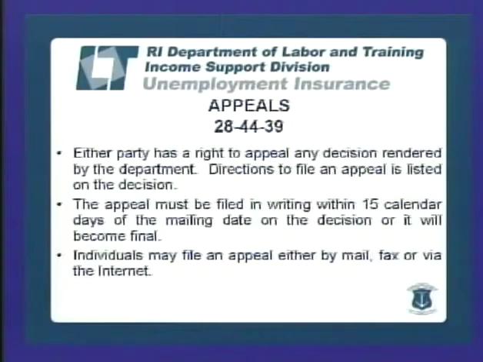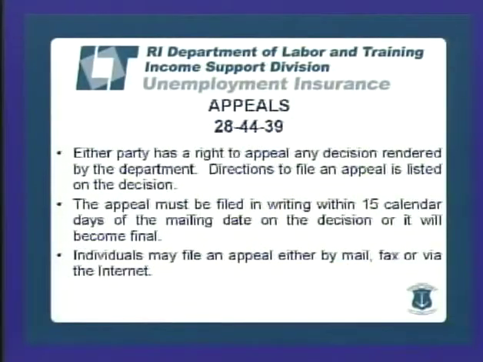After the determination has been issued on the disputed claim, a decision will be made and mailed to the employer and to the claimant. Either party has the right to appeal any decision that is rendered by the department. Directions for filing an appeal are listed on the document that you will receive. The appeal must be filed in writing within 15 calendar days of the mailing date of the decision.